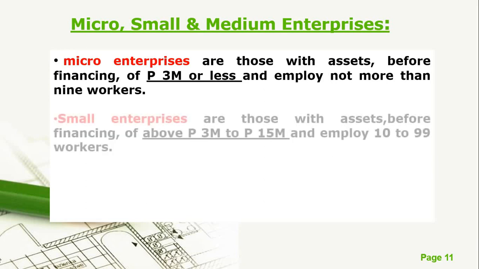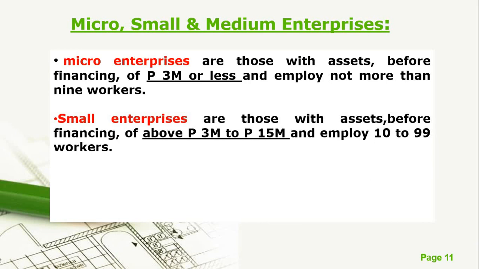Now, small enterprises are those with assets, again before borrowings from outside creditors, above 3 million to 15 million. So more than 3 million but not more than 15 million. And their employees should be 10 to 99 workers.